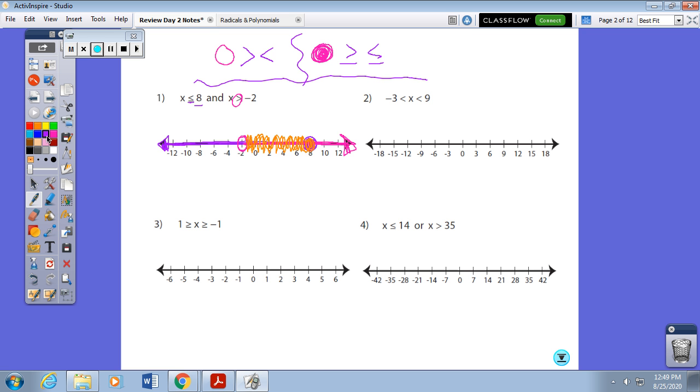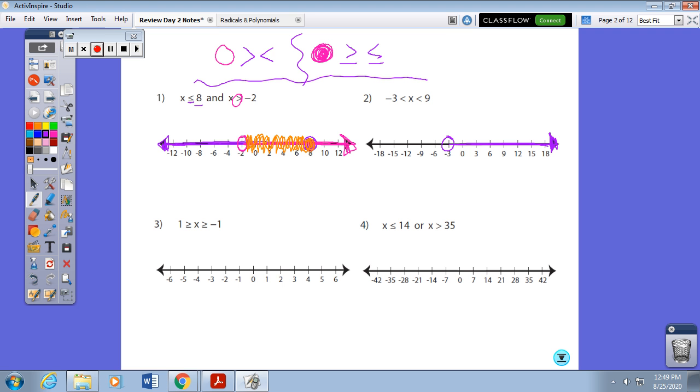Okay, let's look at another one. So number 2, X is going to be between -3 and 9. So I'm going to go to -3 and put an open circle. There's no line, so it stays open. The X is going to be greater than -3. It doesn't go in the way that the arrow points, so be careful there.